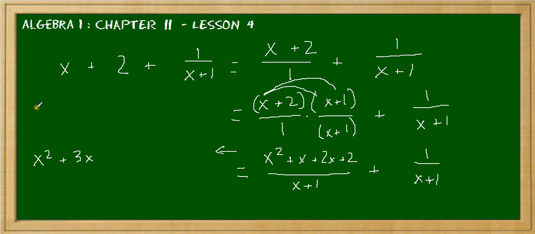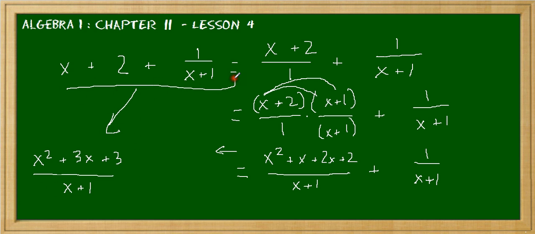Again, we have a common denominator. So 2 plus 1 is going to be equal to 3. And then I'm going to express this all over x plus 1. So that is our answer when we write x plus 2 plus 1 over x plus 1 as a fraction. We've expressed all of this up here as one fraction. I was going to say one simple fraction, but obviously it's not that simple, is it?